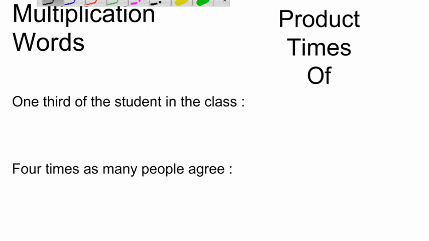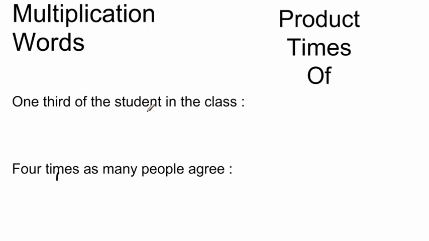Okay, now let's talk about multiplication words. Product, times, and remember we spoke about the word of, especially with fractions. So if we're looking at 1/3 of the students in the class, I'm seeing some important words here.